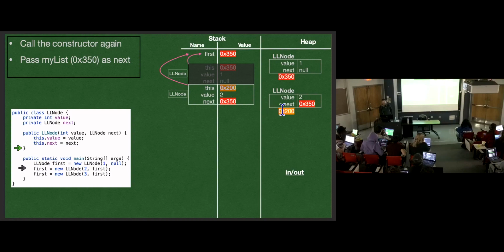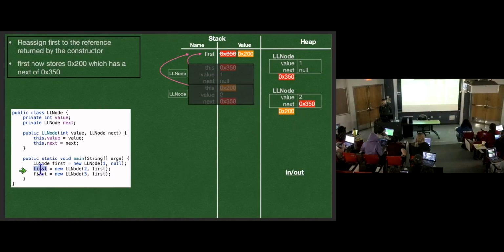So this is a reference to the object that's being created. So this linked list node gets next of 350. That returns to first. So now first is updated to the reference of the object that was just created. First no longer stores the value 350, it stores 200. 350 is no longer on the stack, but first dot next, we can still access 0x350.